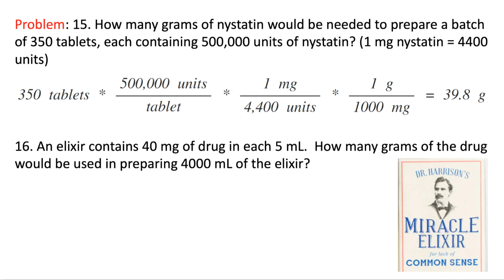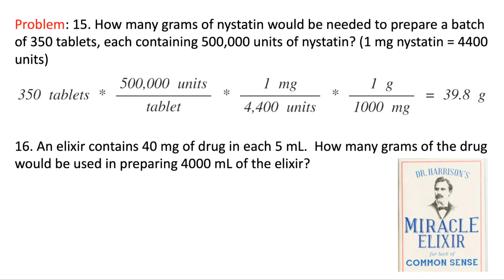So let's just convert to grams by multiplying by the fact that in 1 gram there's 1,000 milligrams. So milligrams cancel, and if you do that math all the way over, what we were able to show is that we need to weigh 39.8 grams of nystatin. So 39.8 grams of nystatin contains enough units of activity of nystatin such that if you divide it up evenly into 350 tablets, each tablet would have 500,000 units of nystatin.